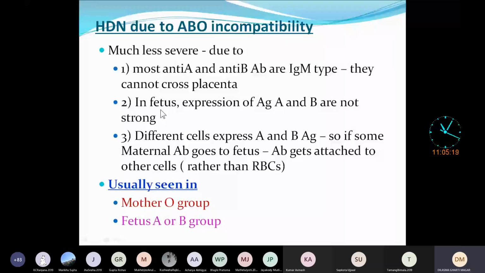So whenever the anti-A or anti-B antibodies of the mother go to the fetus, it is not developed on the RBC, but antigen A and antigen B are also seen in other types of cells in our body. Millions and millions of cells are there. So those cells get attached with these antibodies, but not the RBCs. That's why it doesn't cause much harm to the fetus. Understood? Clear?